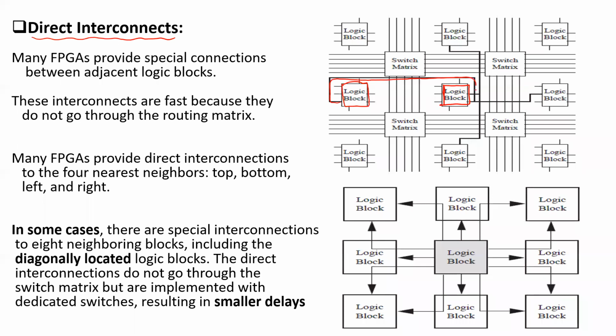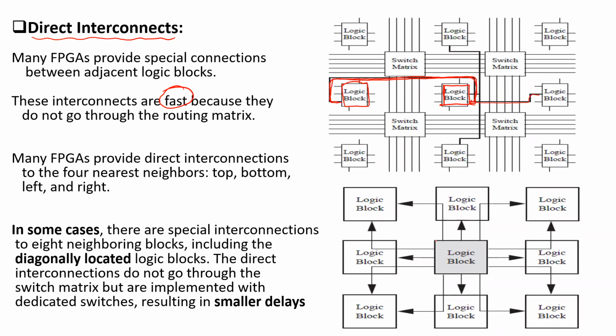So that is how they have modified the interconnections. Apart from the switch matrix that is available, they introduced another technique called direct interconnects. Adjacent blocks are connected directly, so fast communication or fast interconnections can be possible.